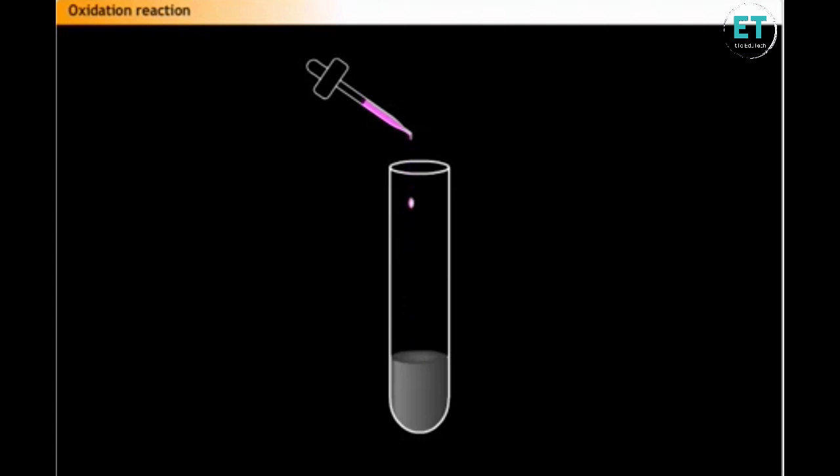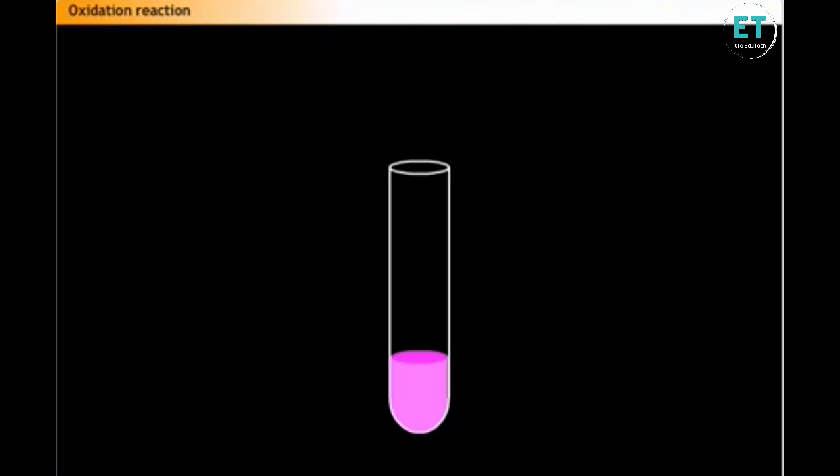The purple color of potassium permanganate disappears due to the oxidation of ethyl alcohol to acetic acid. Continue adding potassium permanganate till the purple color no longer disappears. This shows that the oxidation of alcohol to acid is complete.